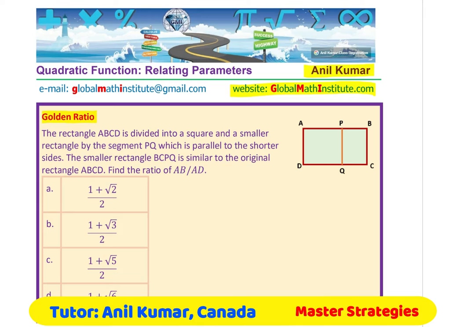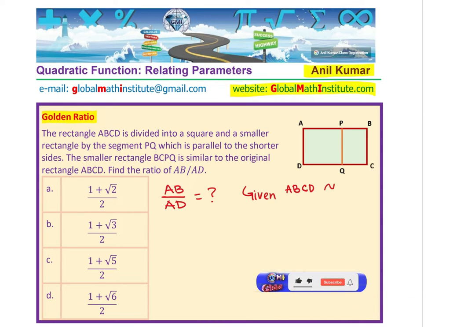Now, to answer this question, we basically need to find the ratio of AB to AD, right? We are given that the bigger rectangle ABCD is similar to the smaller rectangle BCQP.